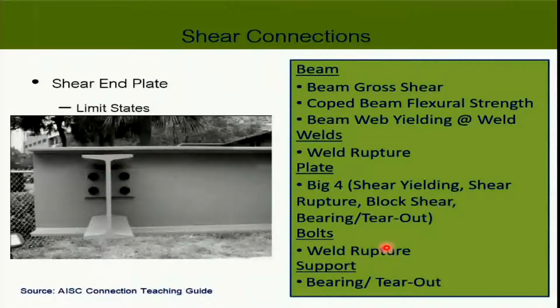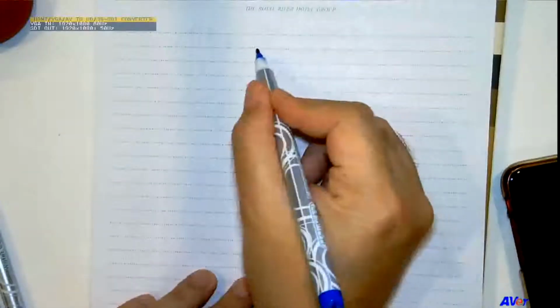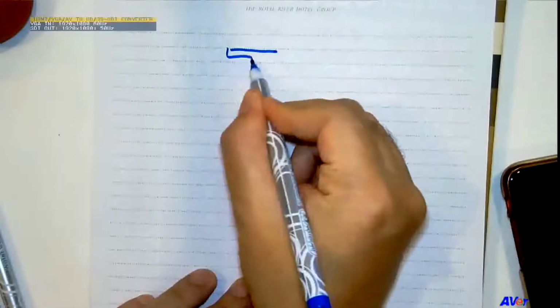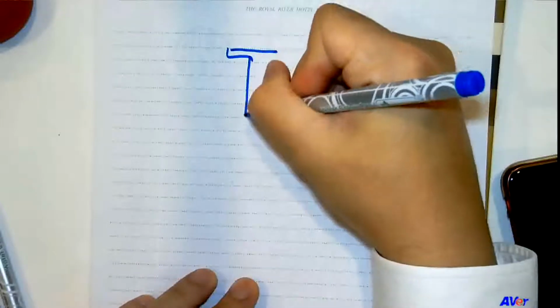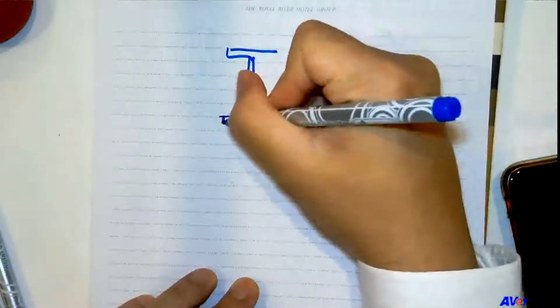Generally, this picture doesn't tell the whole story. So I need to draw it again, and you can keep that in mind. And let's come back here, because generally if you use the shear end plate, you need to cope the beam, right? So let's say this is our main beam, main girder or primary beam.